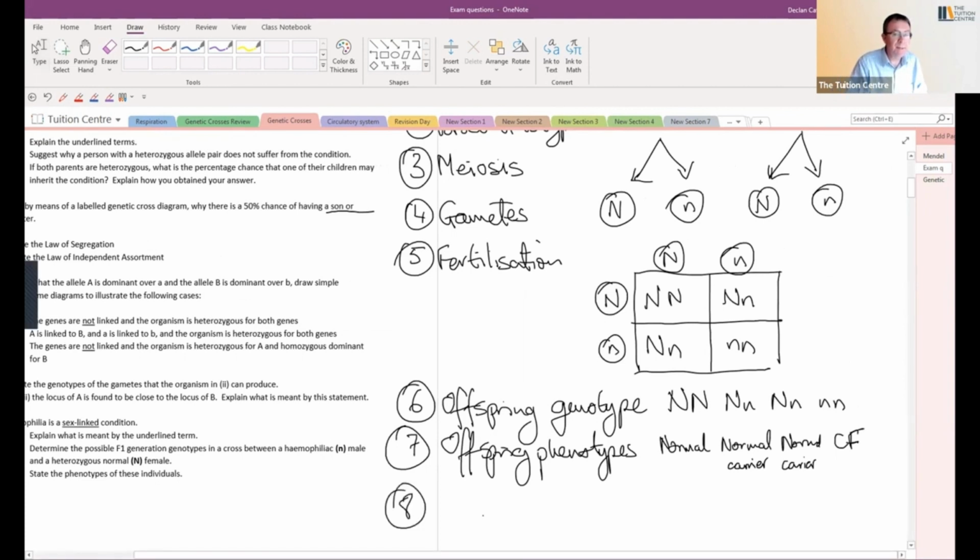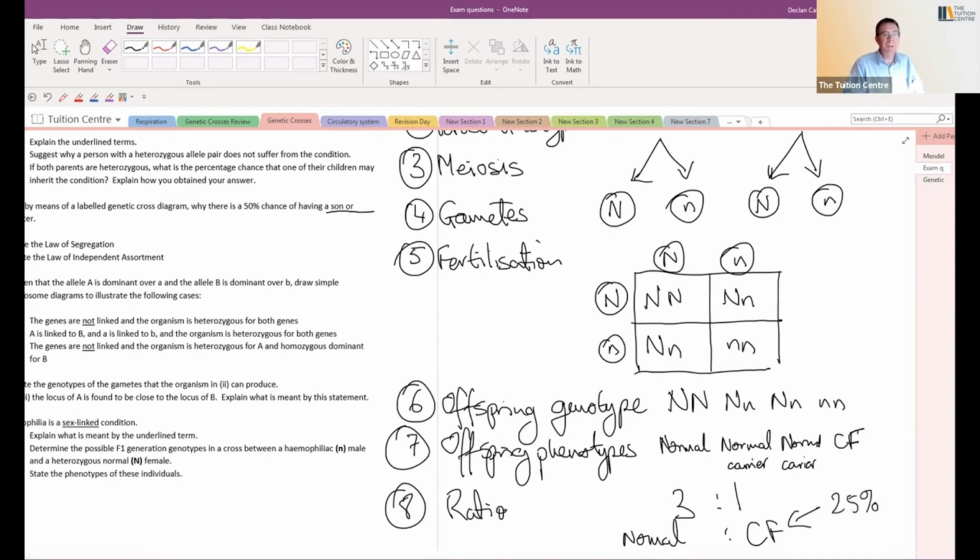Stage 8, I said it was the 8-step method, says you write down the ratio. And the ratio in this case is 3:1, normal, carrier or otherwise, to CF sufferer. So when you're looking at the ratio, it tells you the answer is there's a 25% chance that one of their children will have CF.